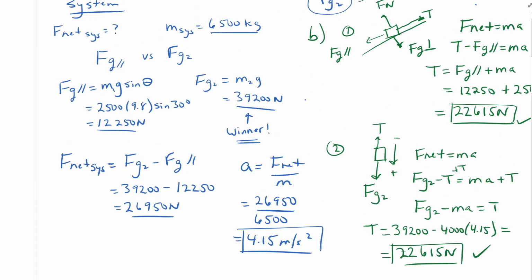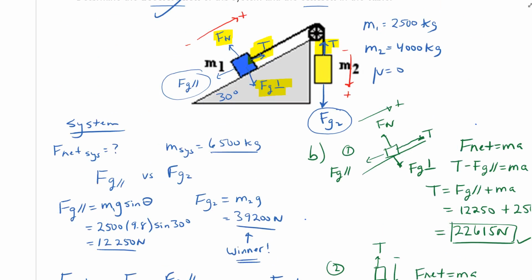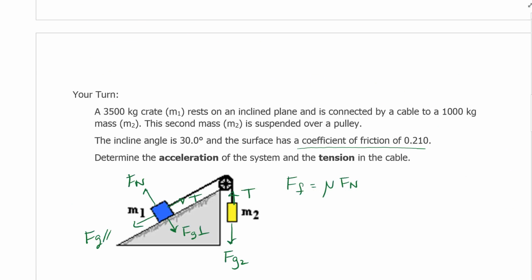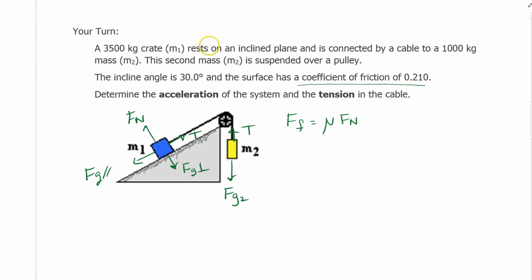It's the same first question that we had before. My first question before was, which way is it going to accelerate? I didn't know, was FG parallel larger or was FG2 larger? Was FG2 pushing harder or was FG parallel pushing harder? Which way would this entire thing start to move? And even if you look at the wording of this, it says it rests, so it's starting from rest and it's going to start moving.